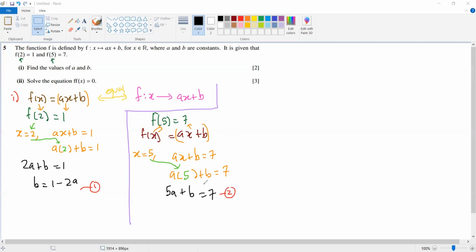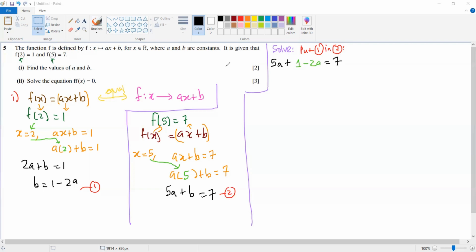So with two unknowns, we can easily solve for the value of a and b, and that's what we're going to do now. To solve, you can just write the word solve. Then substitute equation 1 into 2. That means it becomes 5a plus b, where b is 1 minus 2a, and the whole thing equals 7.